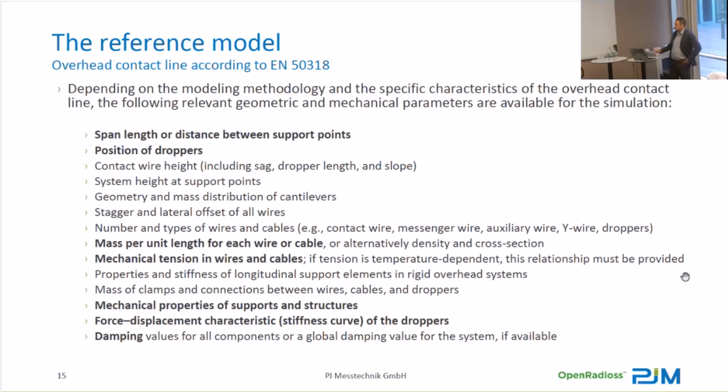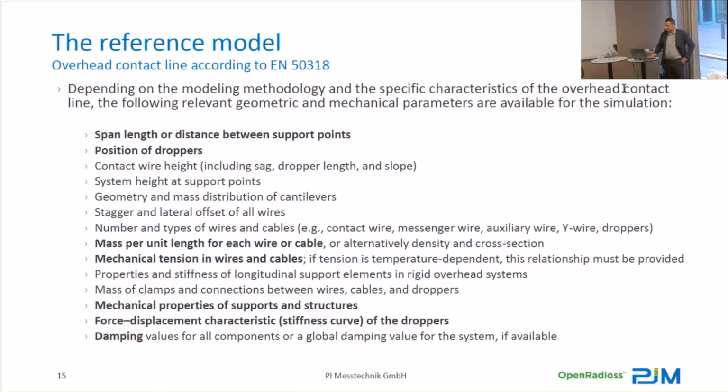There are way more parameters than this. So as I said already, we have to model the span length or distance between the support points. That would be from here to here. We have to know where these droppers are positioned in our span field. We have to know the mass per unit length of each wire or cable. Also, these cables here, the carrier wire and the contact line, they are pre-tensioned.